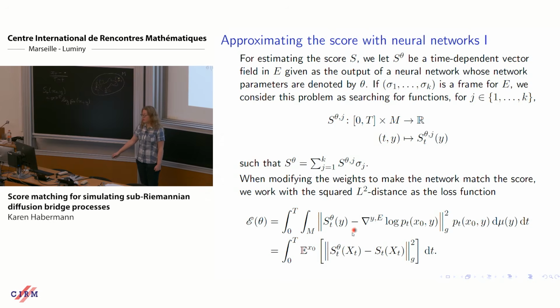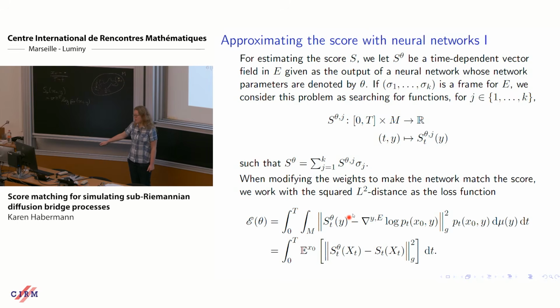To judge if this approximation is any good, take this difference, provided we make sure that we can do that, then because we are in our distribution, we can determine its norm with respect to our sub-Riemannian metric, take its square, and then integrate it over the entire space and over the entire time.